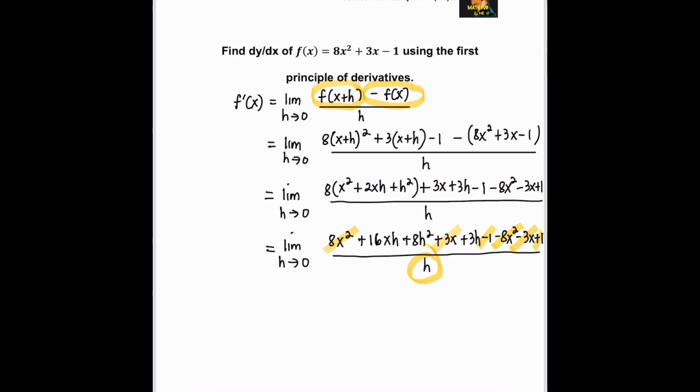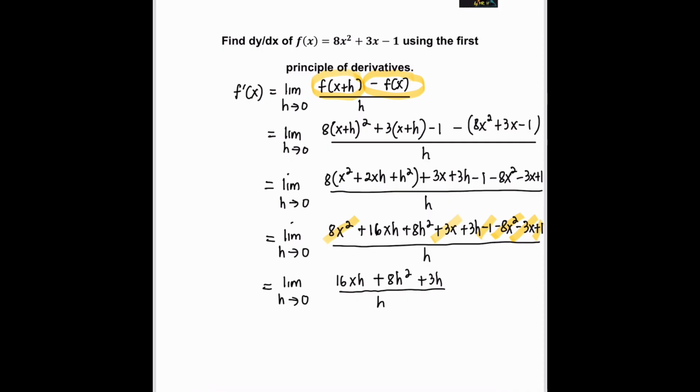So we are so close to that point because we've already simplified the numerator, and you see some of the terms are canceled out, and we are left with 16xh plus 8h squared plus 3h divided by h. And as you can see, for the numerator, all the terms have h, right? So what we need to do is we need to factor out the h.